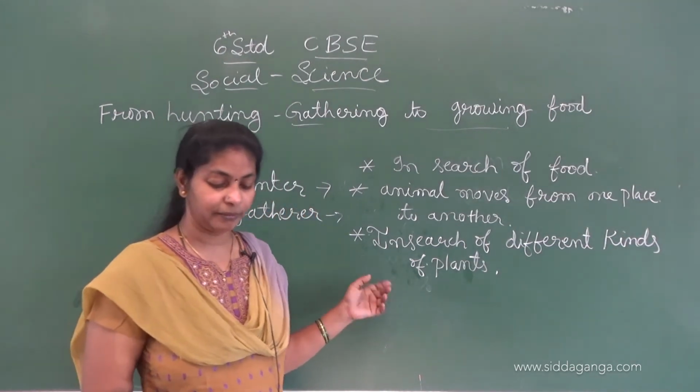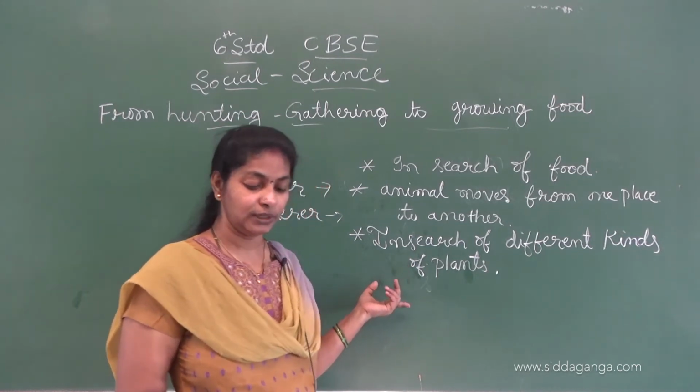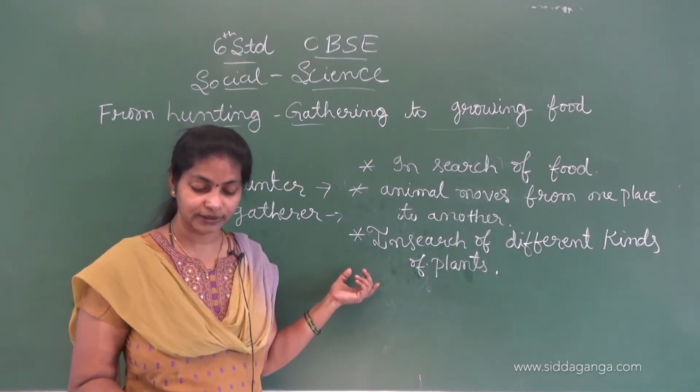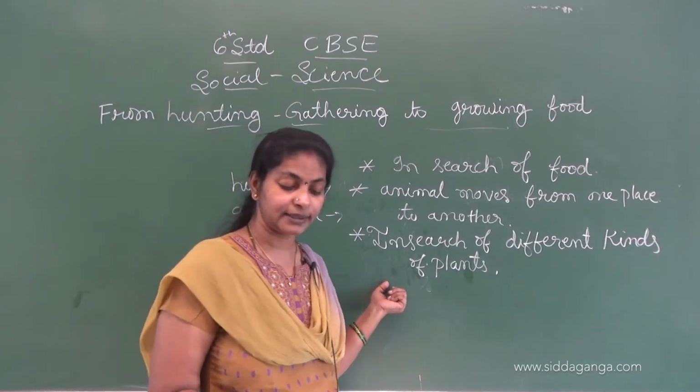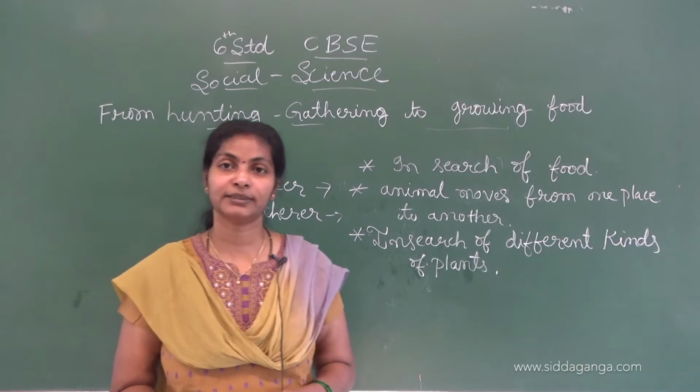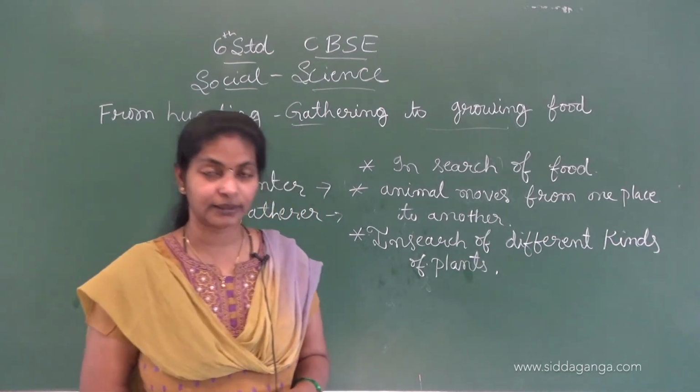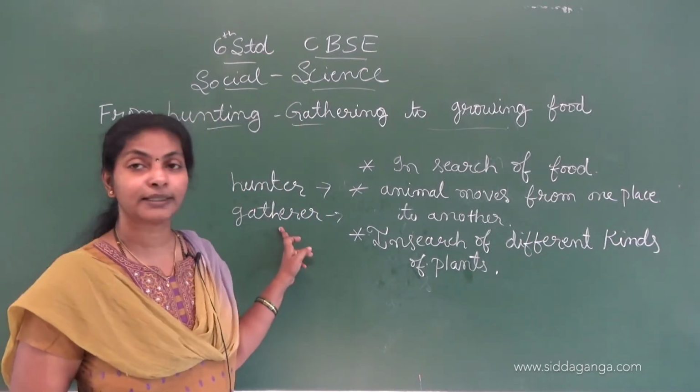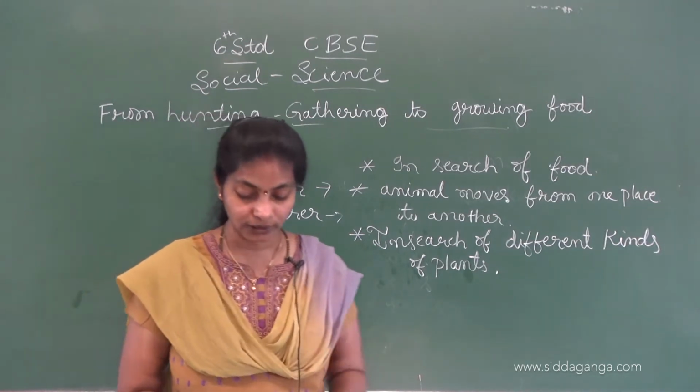So people may have moved from season to season in search of different kinds of plants. This is another reason the gatherers and hunters moved from one place to another.